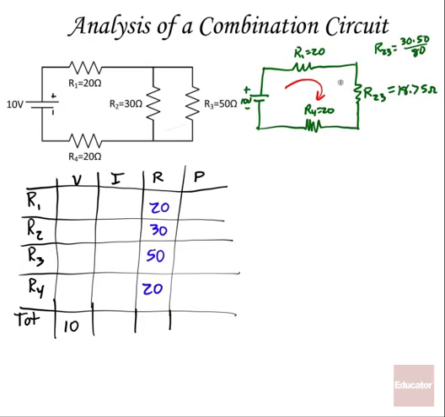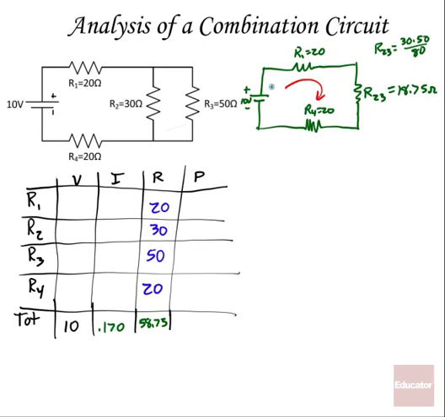Okay, we know our total resistance because if these are all in series, 20 plus 18.75 plus 20 will give us our total. So 40 plus 18.75 gives us a total resistance of 58.75. That means our total current, I, must be V over R, which is going to be about 0.170 amps.